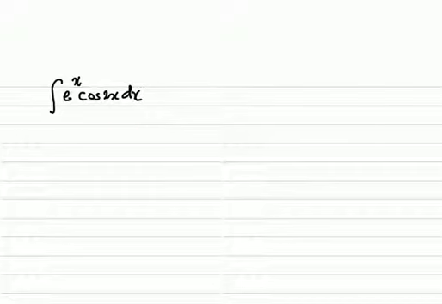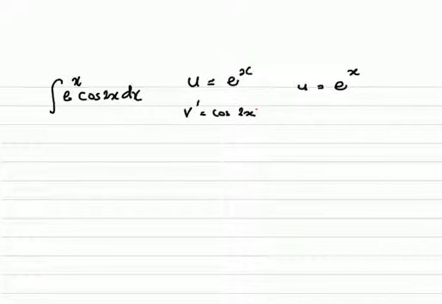What I mean basically, if I initially choose my u, in this case, to be e to the x, my u prime is going to be e to the x, and my v prime in this case is going to be cosine of 2x. My v is going to be sine of 2x divided by the derivative of the argument.